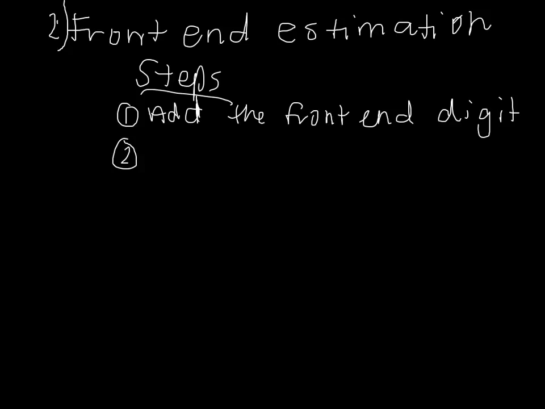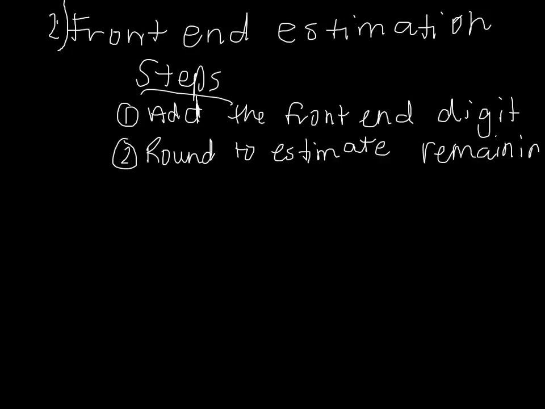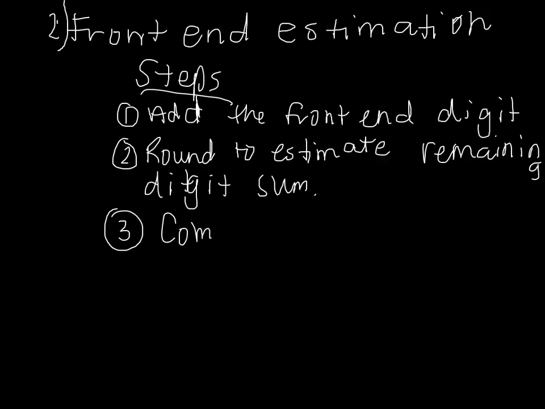Then step 2 is to round to estimate the remaining digit sum. Then our last step is to combine estimates.